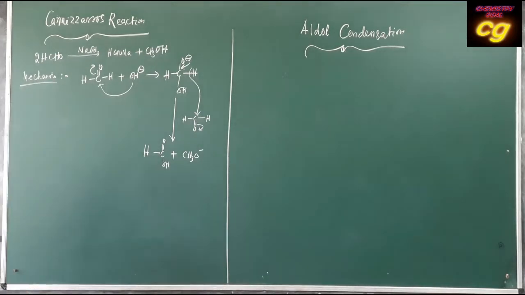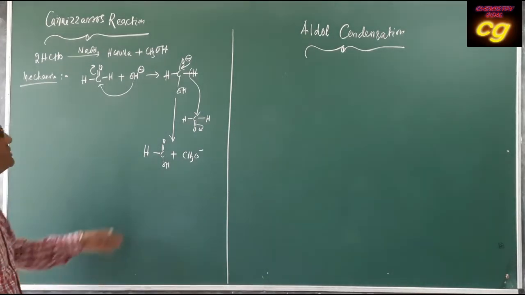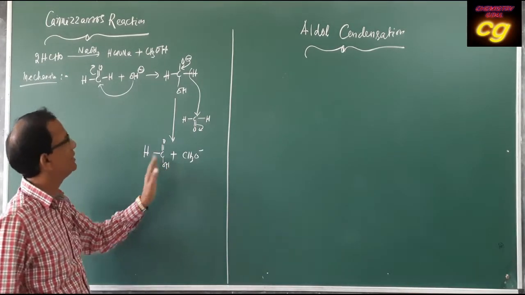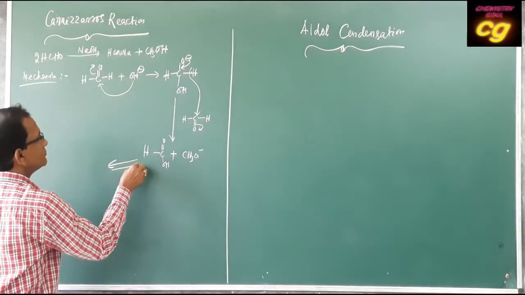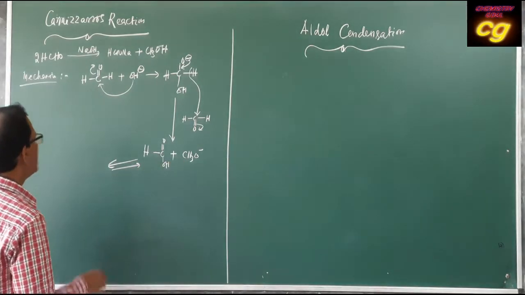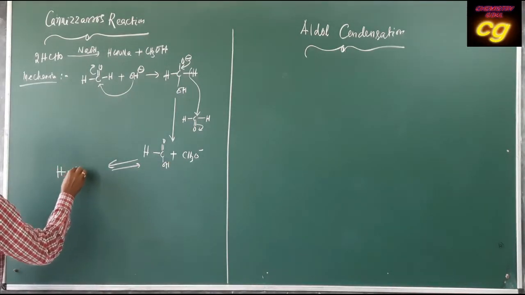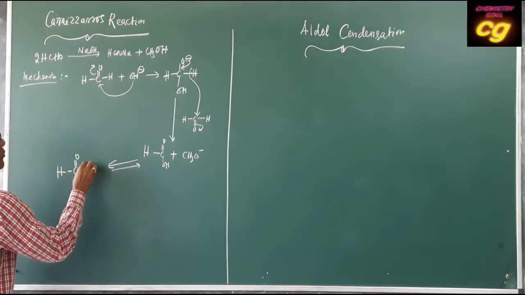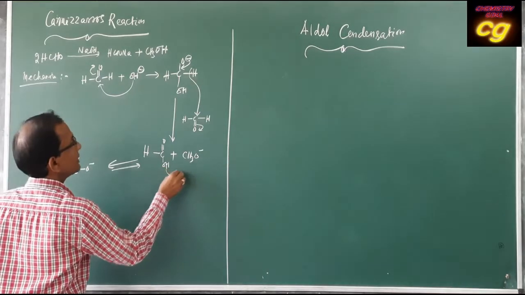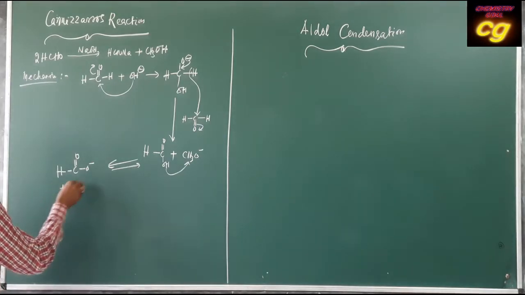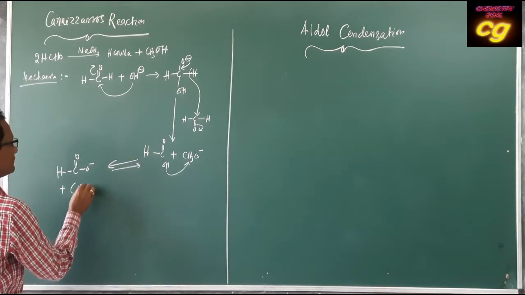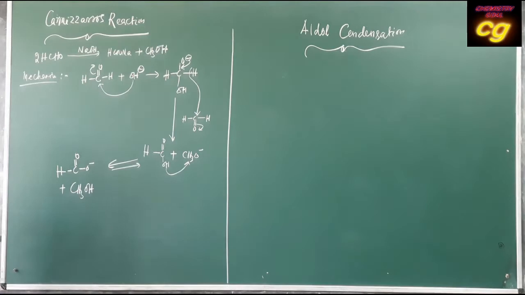Then if you see CH3O minus, here we can say transfer of hydrogen resulting in HC double bond O minus. Here H can be transferred to this, or in the presence of water you can write the remaining is CH3OH. So this is the product.